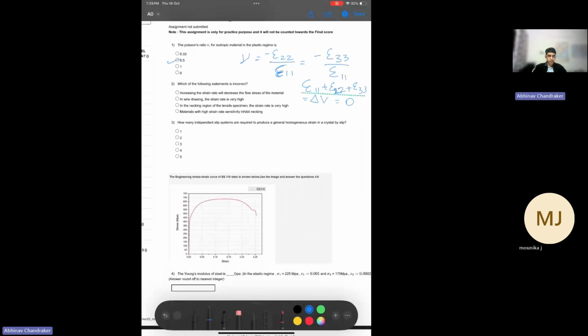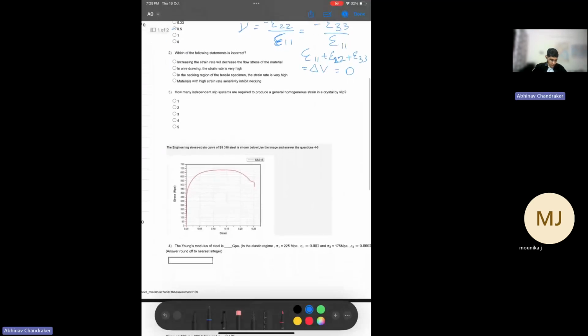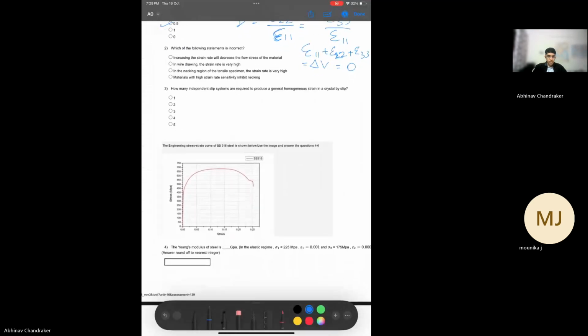Question number 2. Which of the following statements is incorrect? Increasing the strain rate will decrease the flow stress of the material. In wire drawing, the strain rate is very high. So we do not have the solutions for this, I guess.